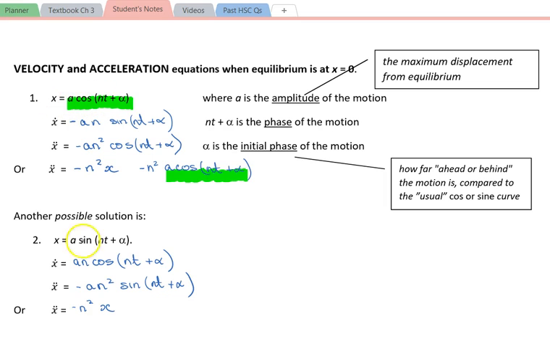Or if we had started with displacement as a sine function, differentiating to get velocity, differentiating again to get acceleration, again you get a similar situation. If I write that as minus n squared a sine(nt plus alpha), you can probably see that a sine(nt plus alpha) was our displacement, and so you could express acceleration in terms of displacement.